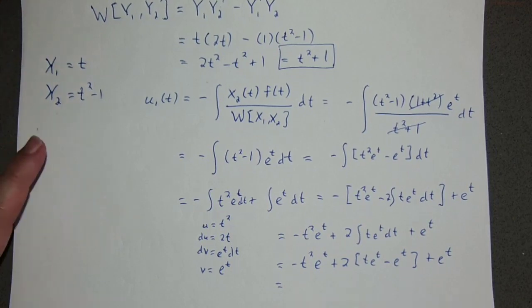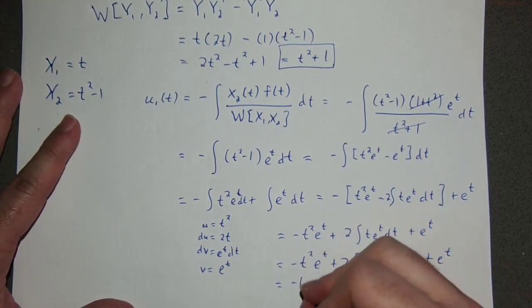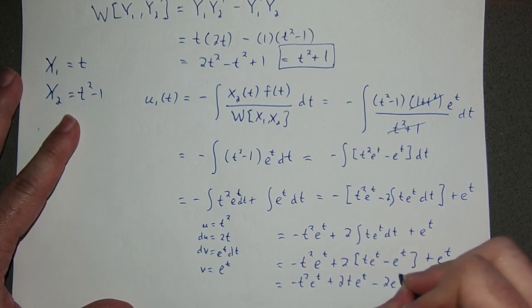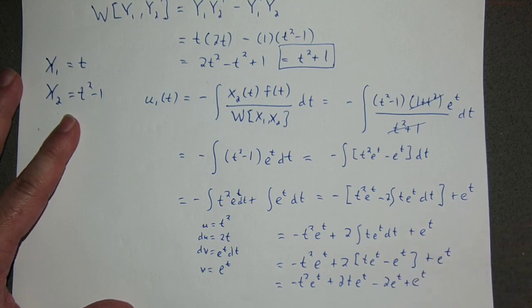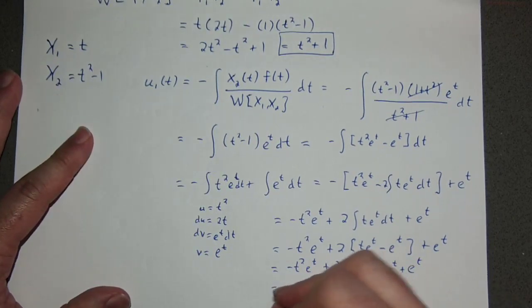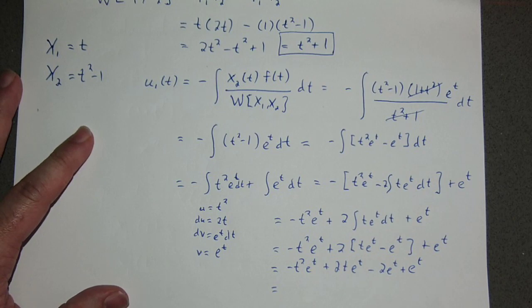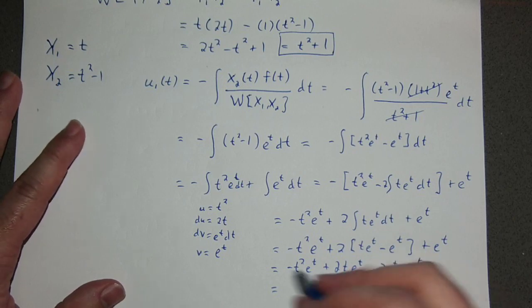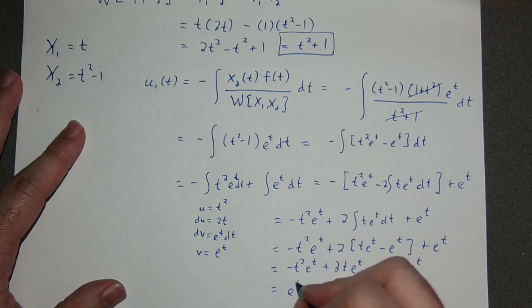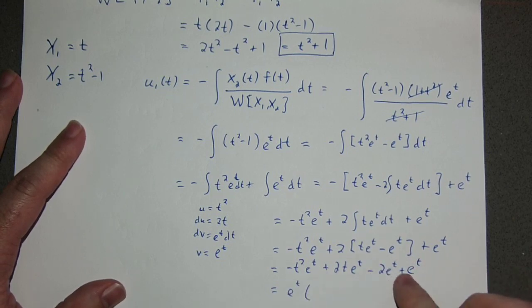Let's simplify all this stuff. So this is minus t squared e to the t plus 2t e to the t minus 2e to the t plus e to the t. So that cancels, and I'm going to be able to factor this. How is this going to factor? Well, okay, maybe I'll just write it out. So this is e to the t times what is left here. So this is 1.